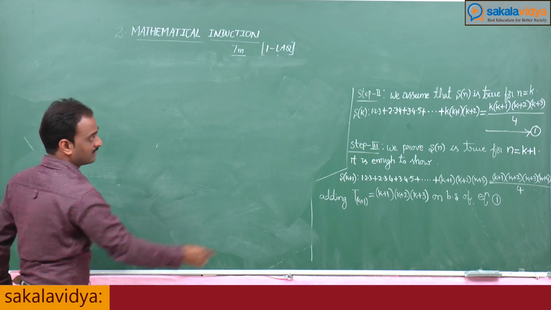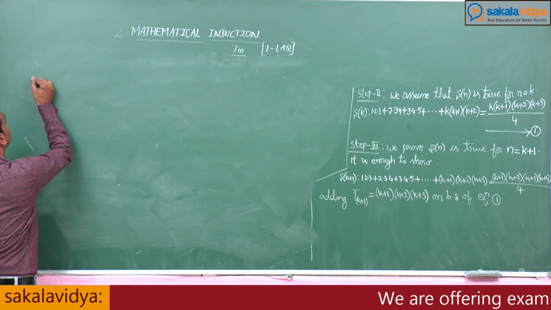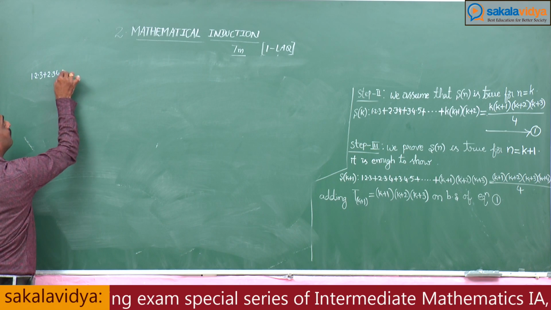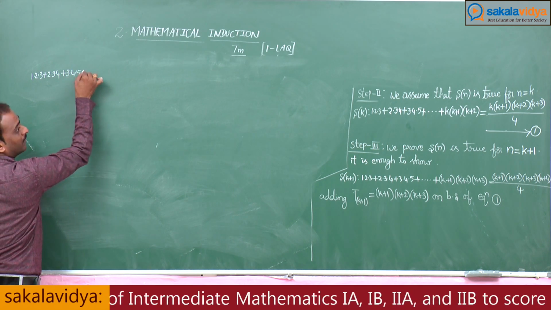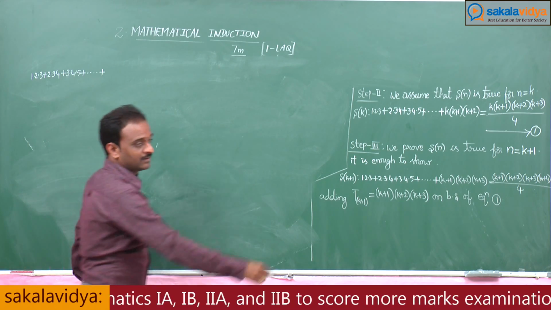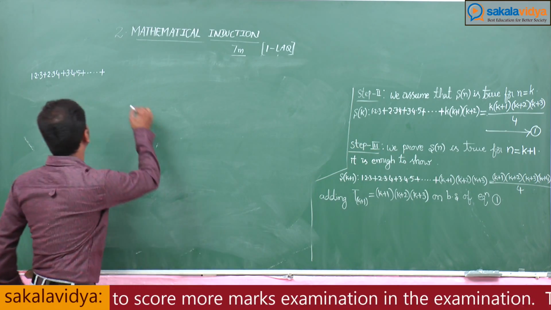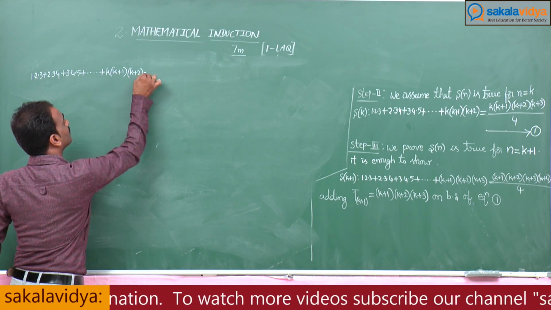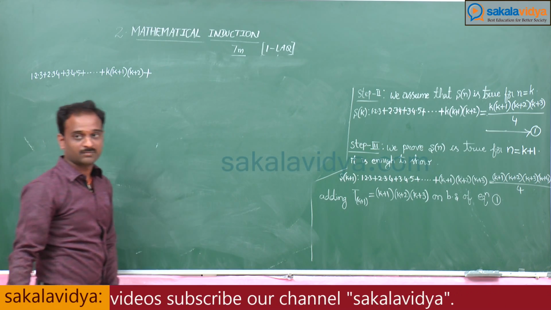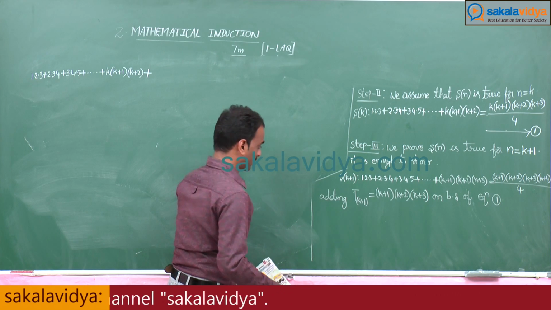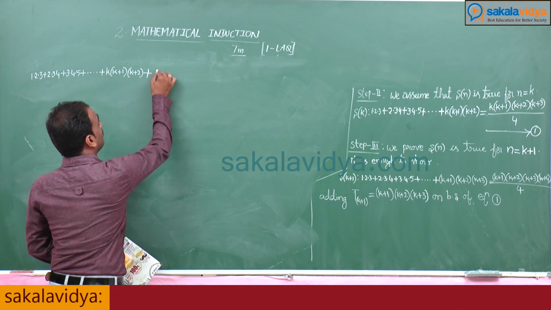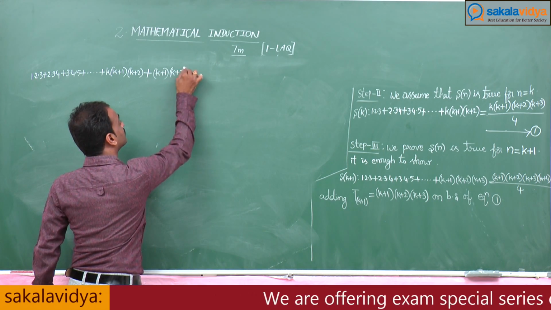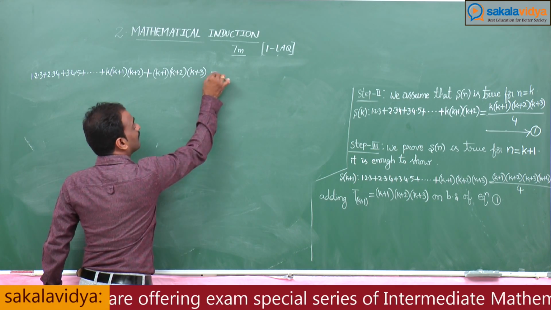Equation 1 is 1 into 2 into 3 plus 2 into 3 into 4 plus 3 into 4 into 5 plus and so on plus k into k plus 1 into k plus 2. Now we add the k plus 1 term, k plus 1, k plus 2, k plus 3, on both sides.